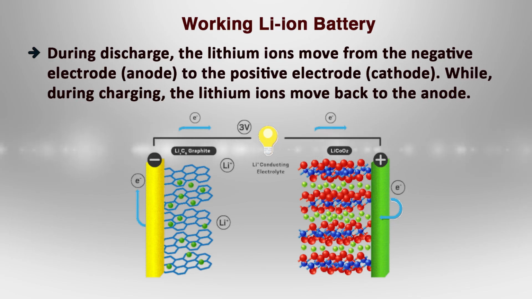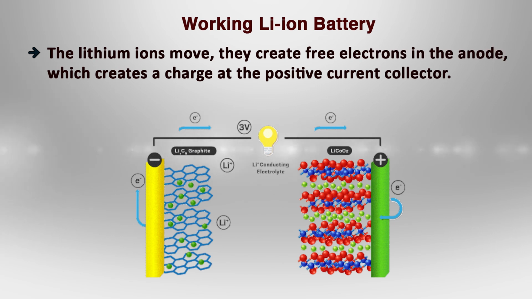During discharge, the lithium ions move from the negative electrode, the anode, to the positive electrode, the cathode, while during charging lithium ions move back to the anode. As lithium ions move, they create free electrons in the anode, which creates a charge at the positive current collector. In this way the lithium ion battery works.